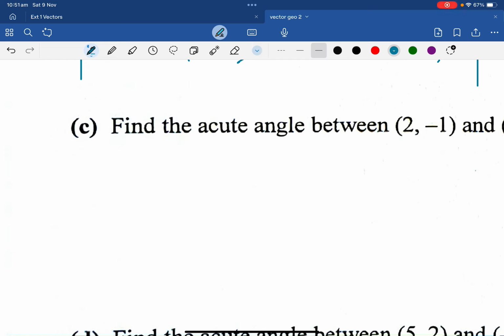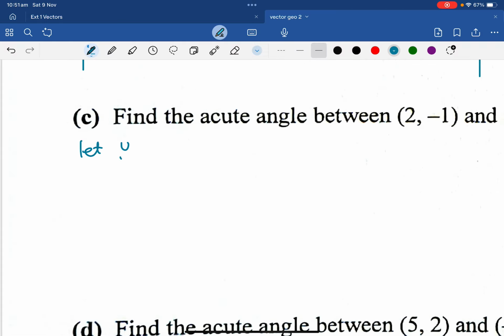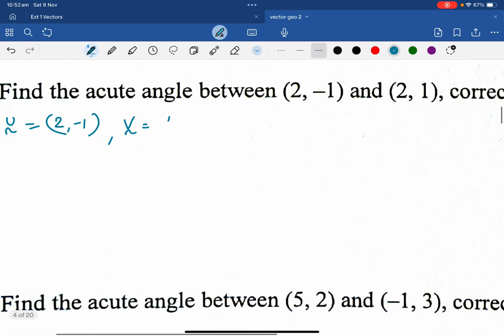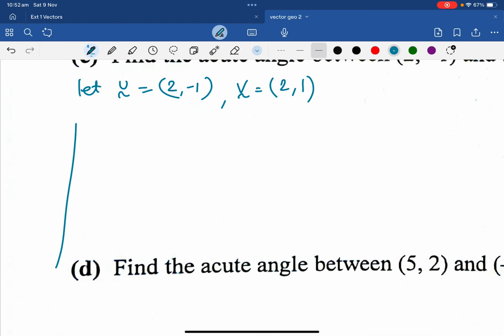Okay, so it's a good rule of thumb to define the vectors. So let vector u be equal to 2 comma minus 1 and v be equal to 2 1. Okay, then draw your sketch. So 2 minus 1, that's vector u, and vector v, so it's 2 1.